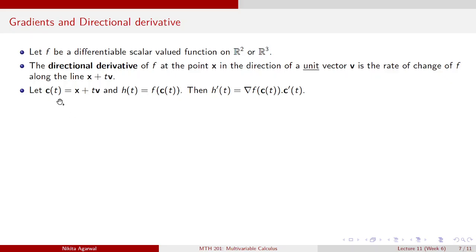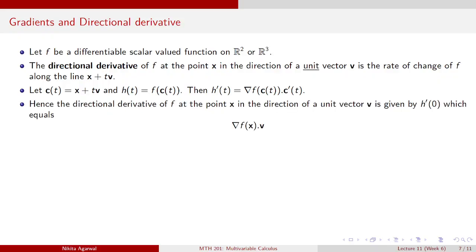So suppose you take c(t) to be x plus tv. So this is a curve in R2 or R3 depending upon what is the domain of f. And you take h(t) to be f of c(t), meaning you are only focusing on the value of the function f along this line. Then h prime t is equal to gradient of f at c(t) dot c prime t from the previous discussion.